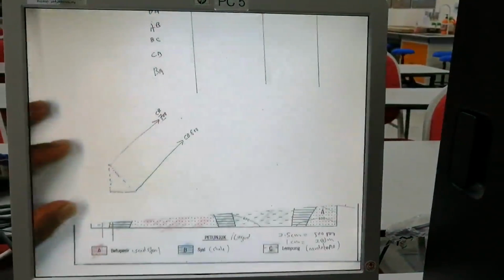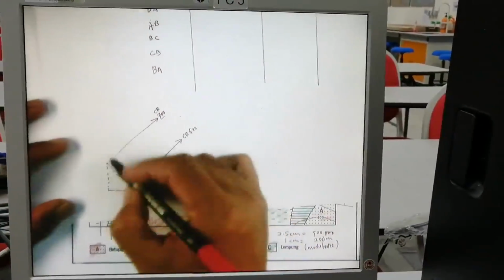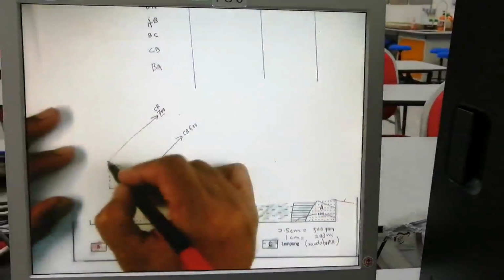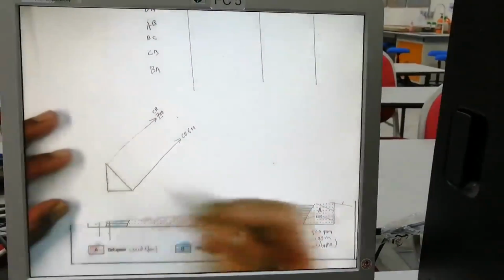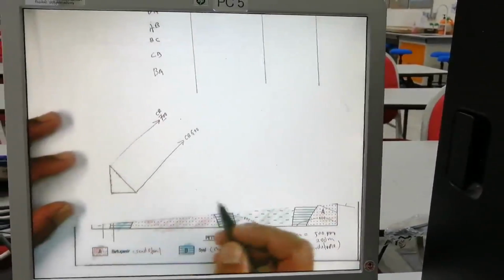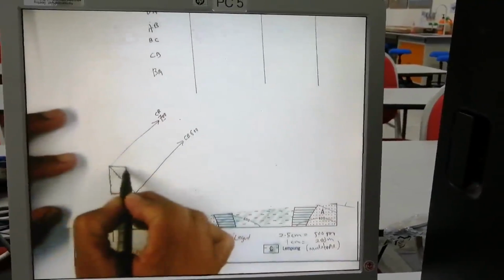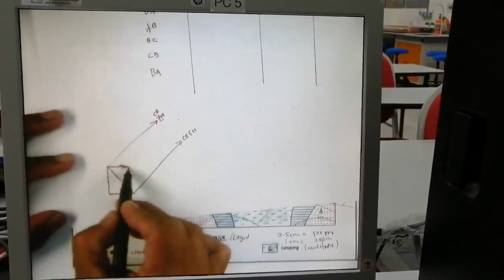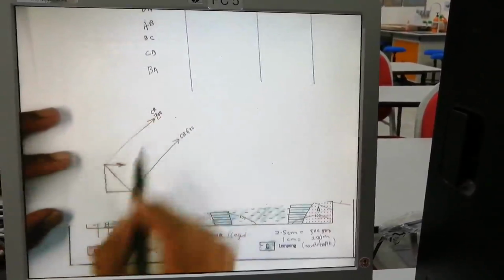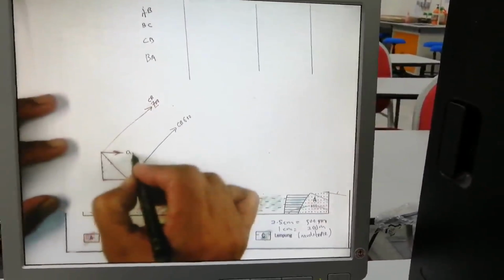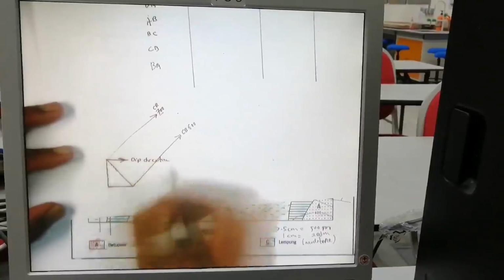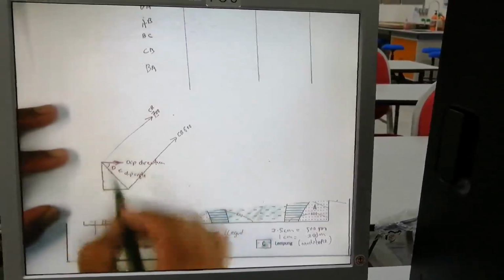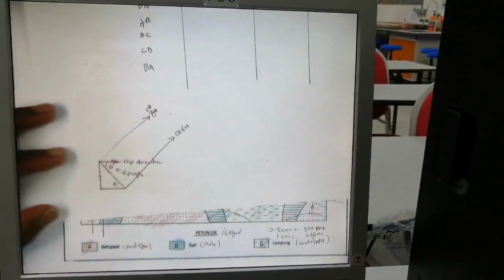So you have one point, this high point at 700, and another point at 600. So this is your triangle. This is your horizontal line pointing this way, because this is the higher point and this is the lowest point. This is your dip direction. This is your dip angle.